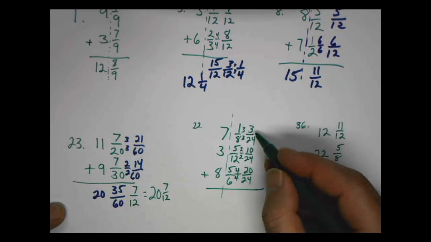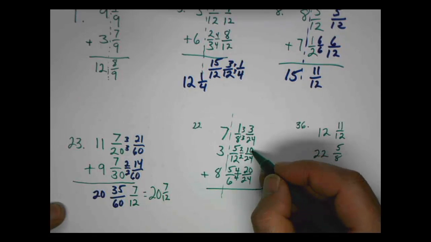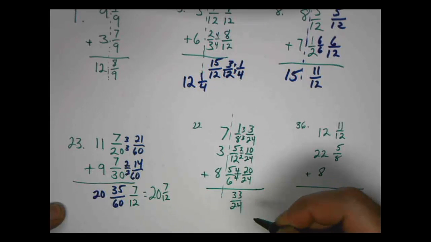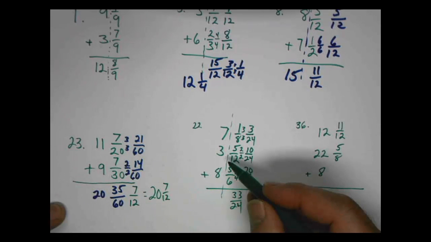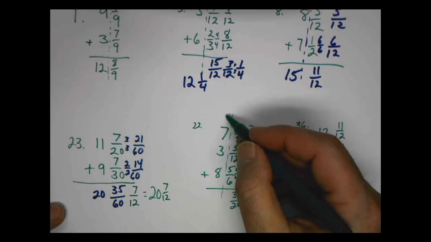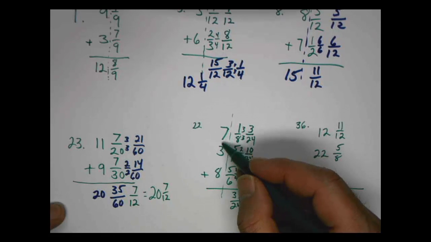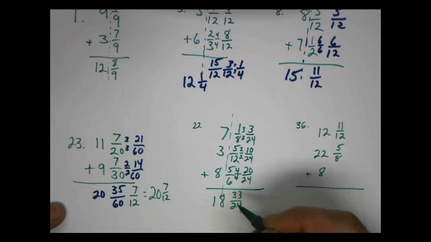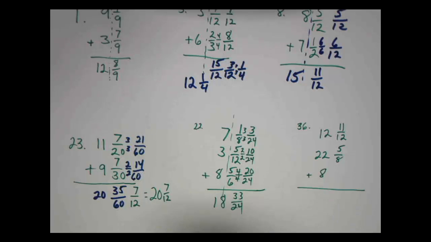So same procedure, we're just adding up all the numerators then. 3 and 10 is 13 plus 20 gives us 33 24ths. So we can do this a couple of ways. Before I regrouped and then carried, here I'm just going to go ahead and add up, and then I'll carry at the end. So 7, 3, and 8 is 18. But as you noticed, we do have a problem there.